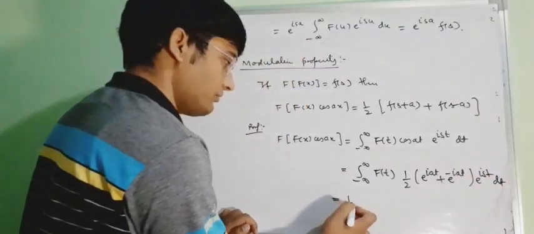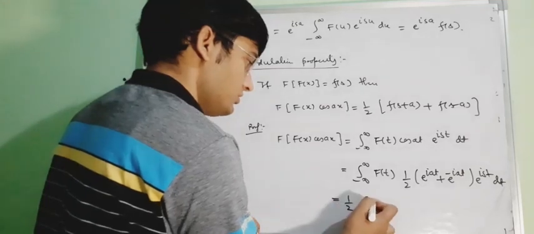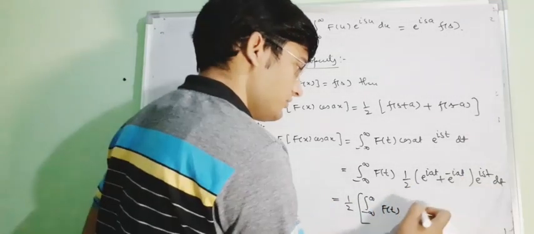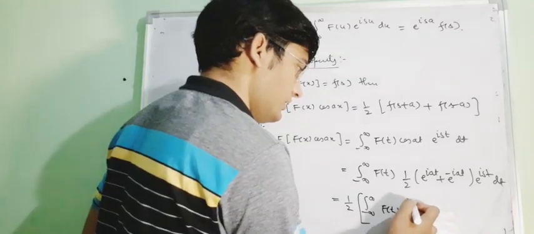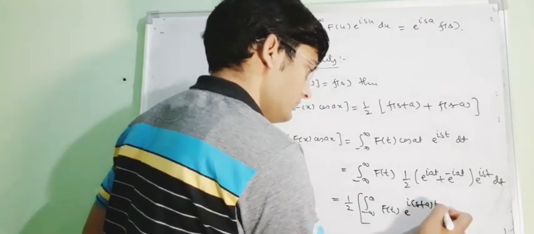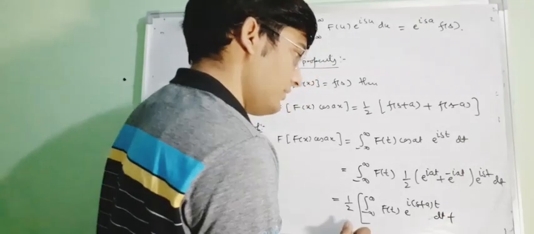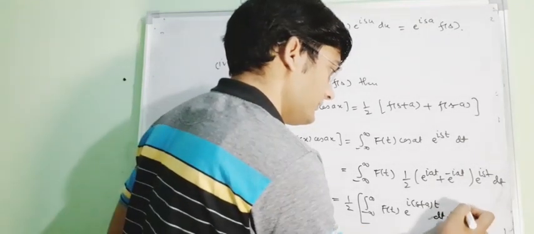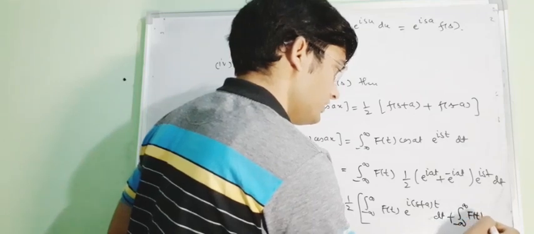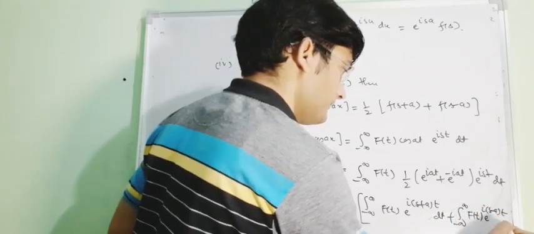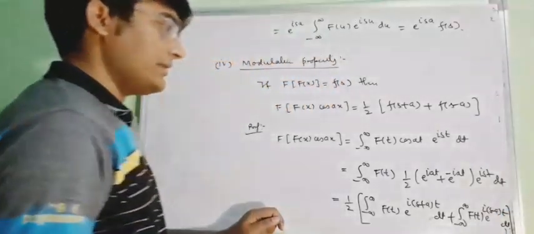So this 1 by 2 is common, so we will have f(t). Now we can merge these two terms, so this will be e to the power i(s+a)t. Then in the second term we will have the integral from minus infinity to infinity f(t) e to the power i(s-a)t dt. So we will get these two terms.